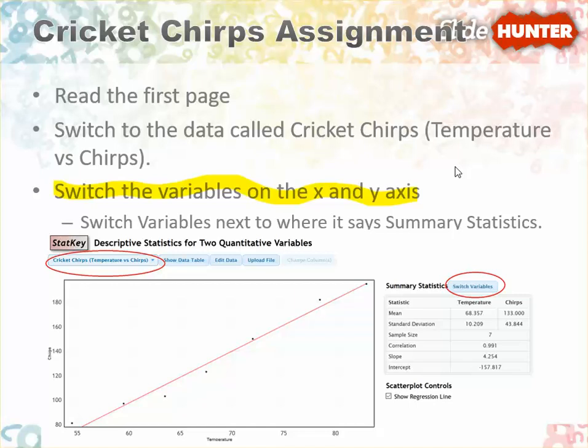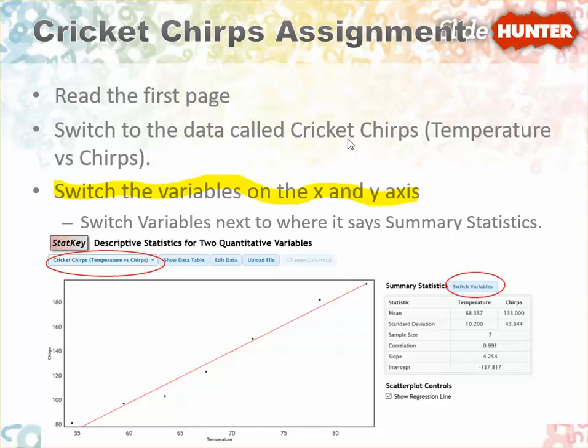So we could graph things in two directions. We could put the chirps on the X axis and the temperature on the vertical, or we could switch them. And for this assignment, we want the temperature on the horizontal axis and the chirps on the vertical.